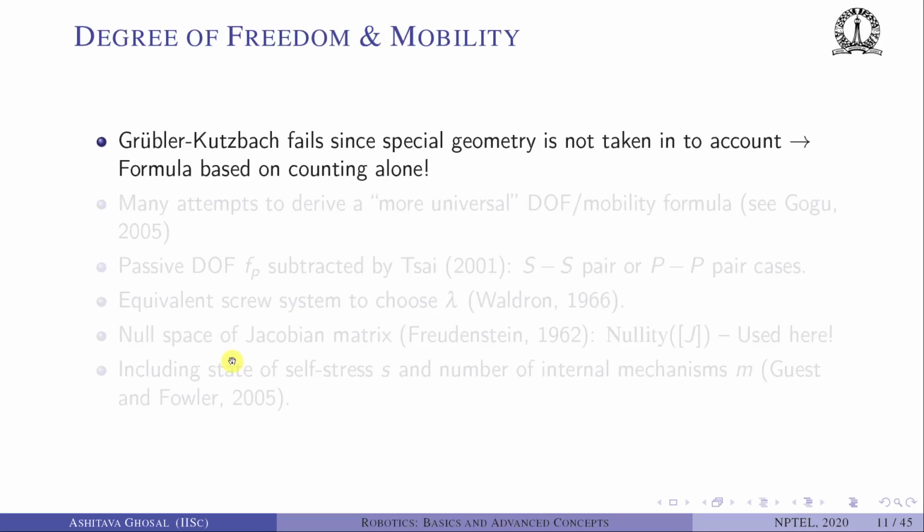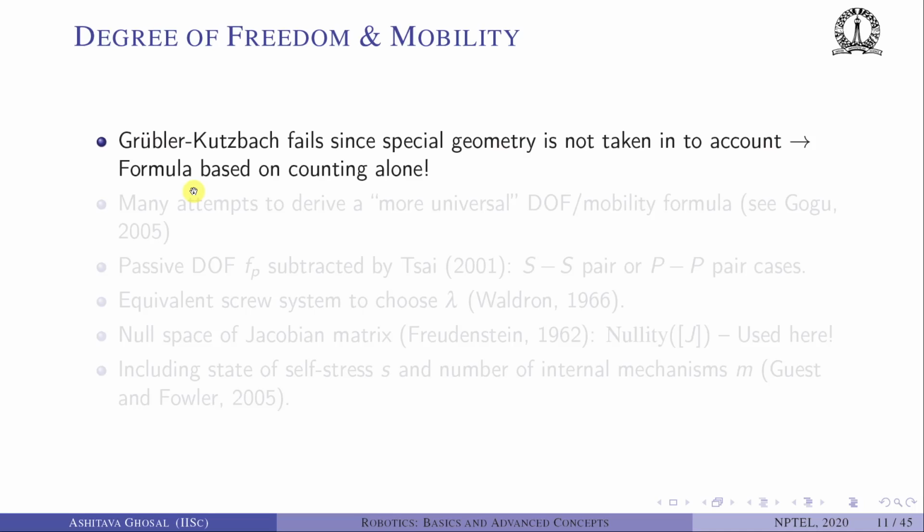So the Grubler-Kutzbach criteria fails since special geometry is not taken into account. Grubler's formula is just based on counting. You can see it is lambda into (n minus j minus 1). The n minus 1 comes from the fact that there are n minus 1 moving links. j is because j joints are adding some constraints.